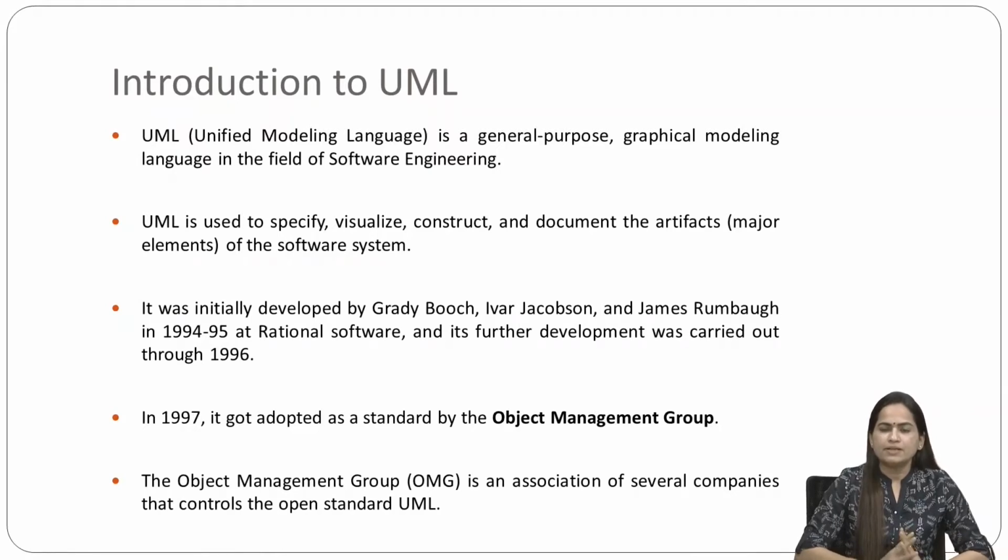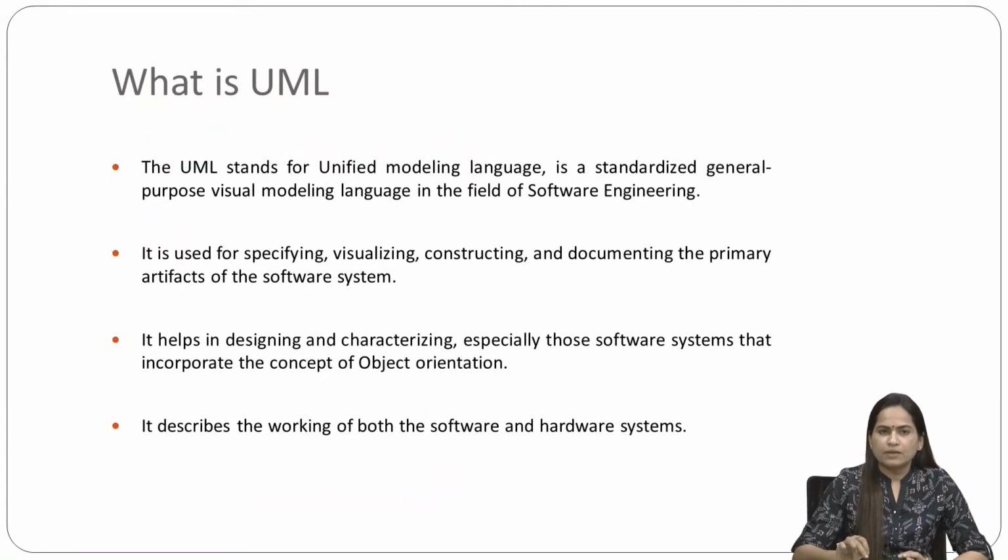In 1997, it was adopted as a standard by the Object Management Group, OMG. It is an association of several companies that control the open standard UML. This is what we have seen about UML, what it is and when it was developed. Now we are going to define it.